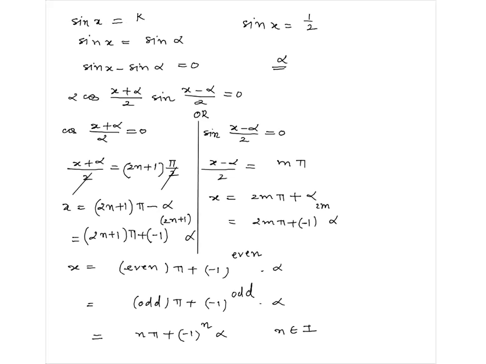Now, cos theta equal to k. So first we choose some specific solution. So let's say x. Let's call that specific solution or particular solution alpha.